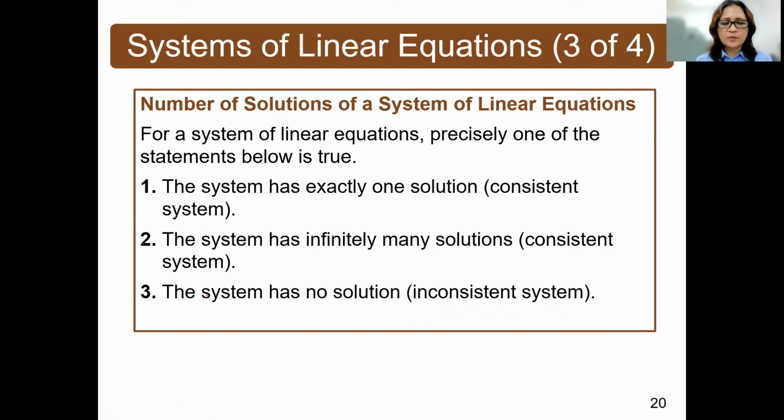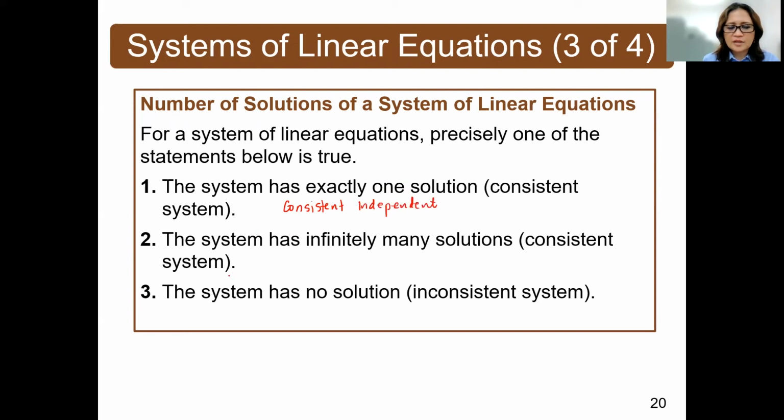With that, we can classify a system of equations based on the number of solutions. We refer to a system that has exactly one solution as consistent, sometimes called consistent independent.